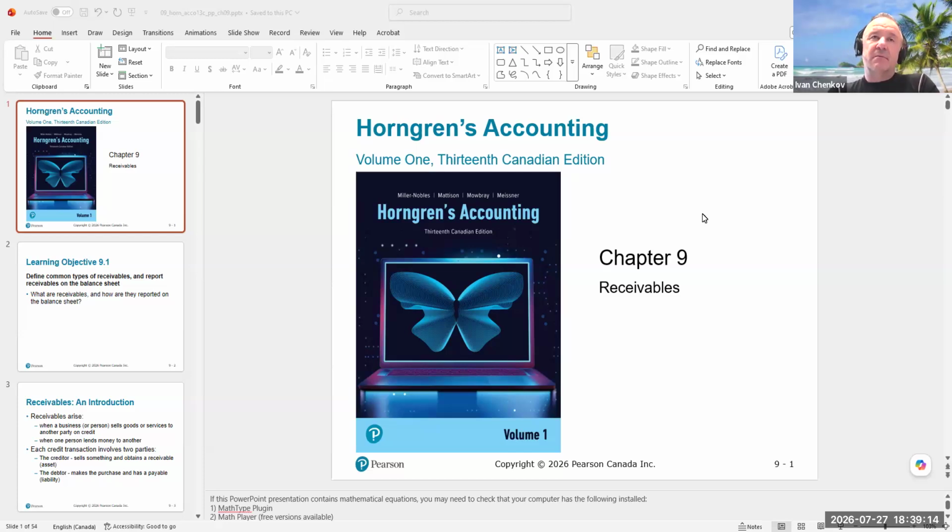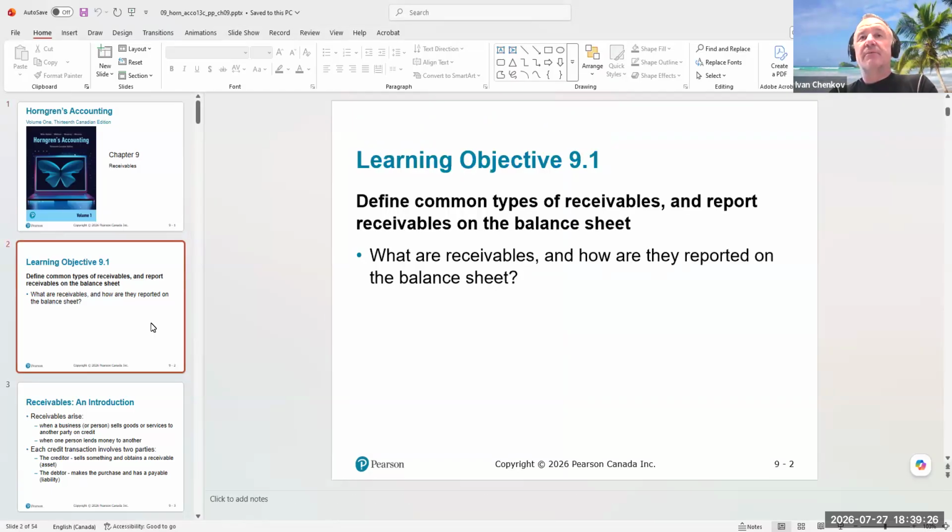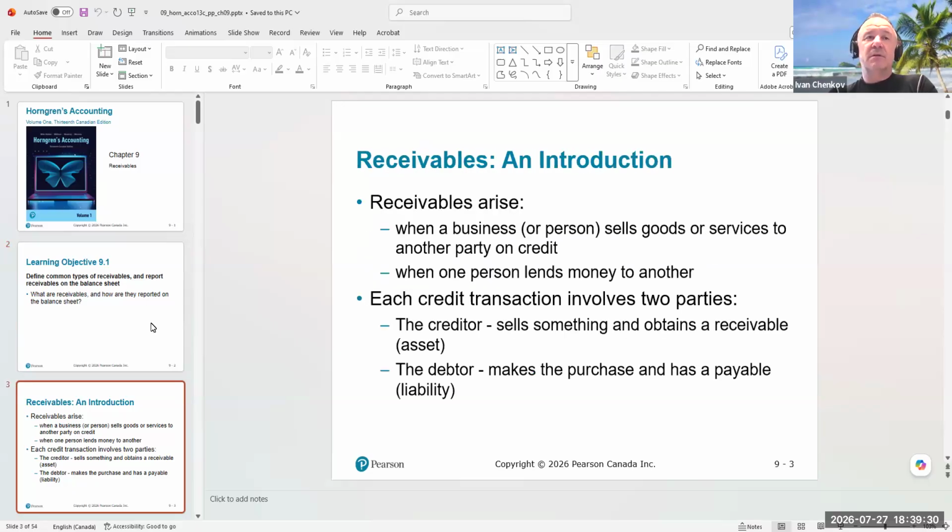So now, once we're generating the sales, we have two options. One is to collect the sales right away in cash. The other one is not to collect, or to sell on credit. Today we're going to deal with what we're going to have if we have receivables and how the receivables are reported on the balance sheet.